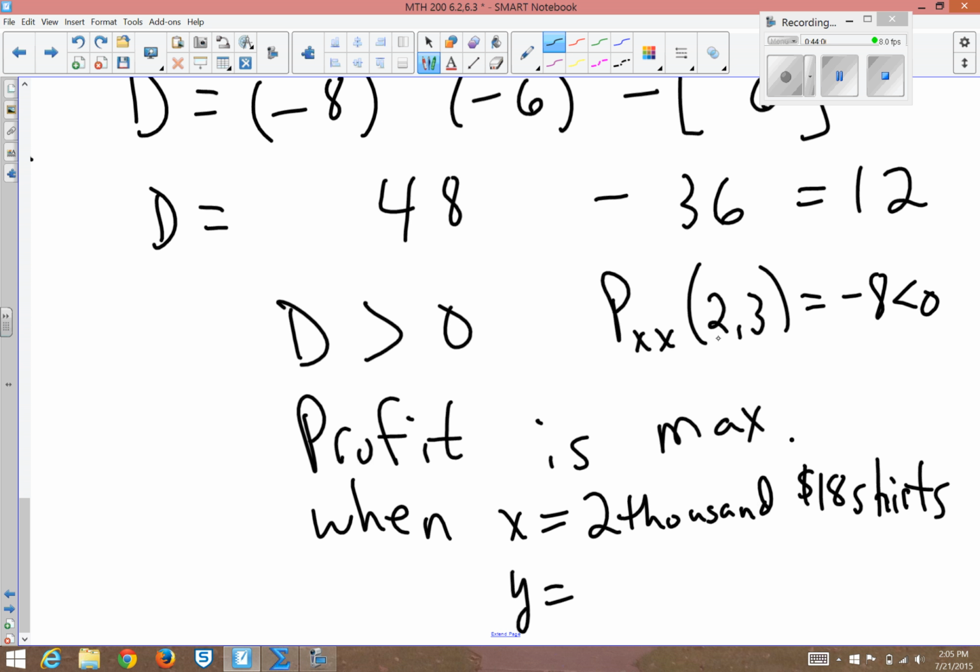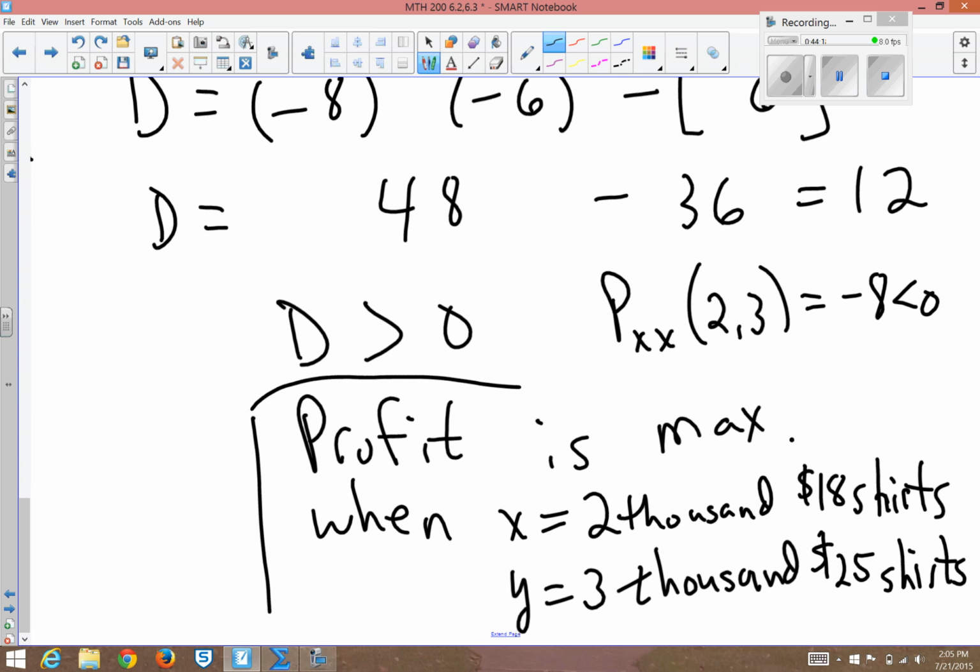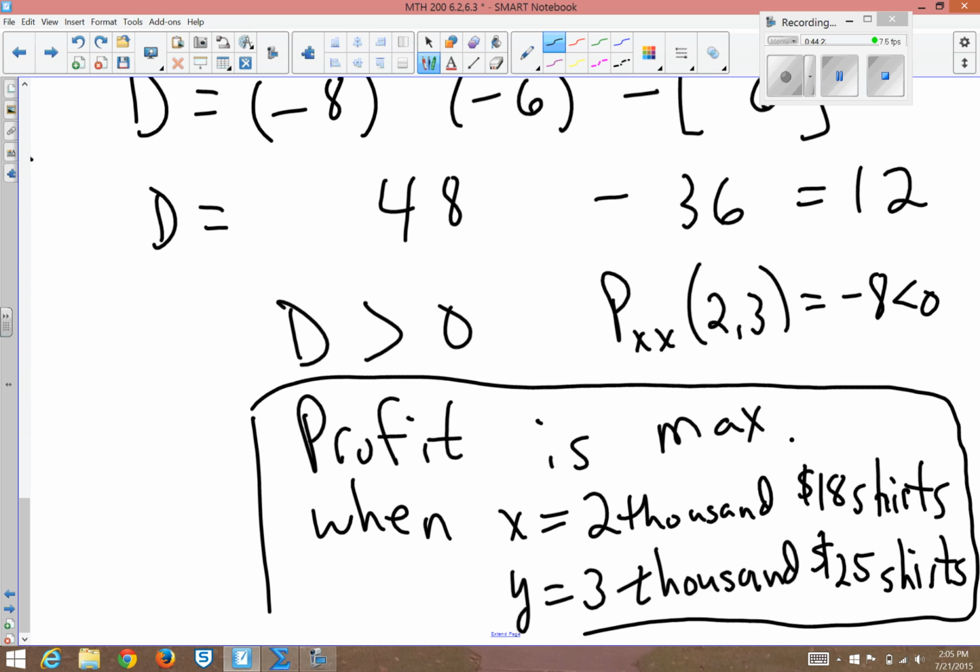And y is the second number, 3. y is also in thousands. y was the number of the $25 shirts. That's it. Profit is maximum when 2,000 $18 shirts are produced and sold, and 3,000 $25 shirts are produced and sold.